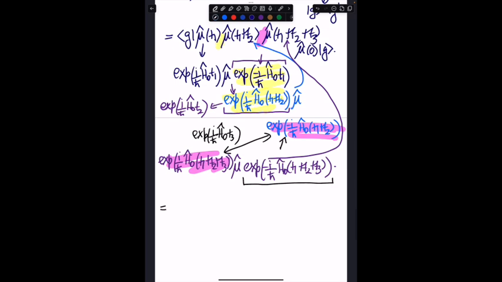So you get G, you have your first term here, e raised to the power i over h bar, h0, t1.